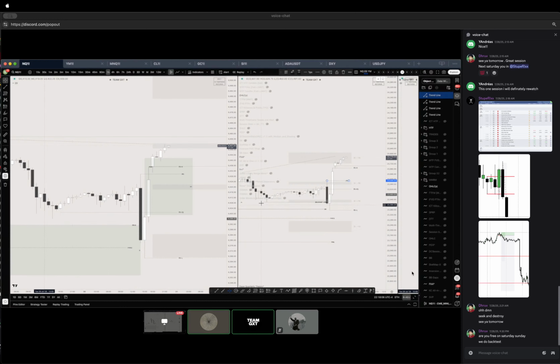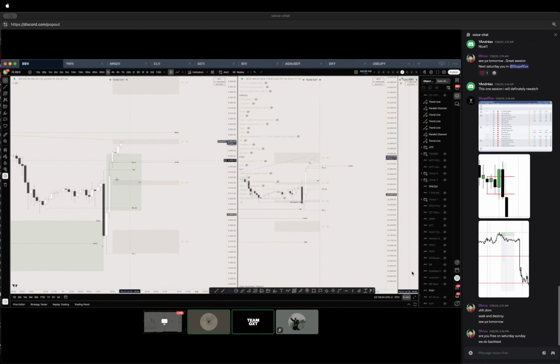Swept massive liquidity and created this move, this distribution. So super key level here, IFC. If we're going to go higher, I would love to see us revisit the IFC area as a point to retest.